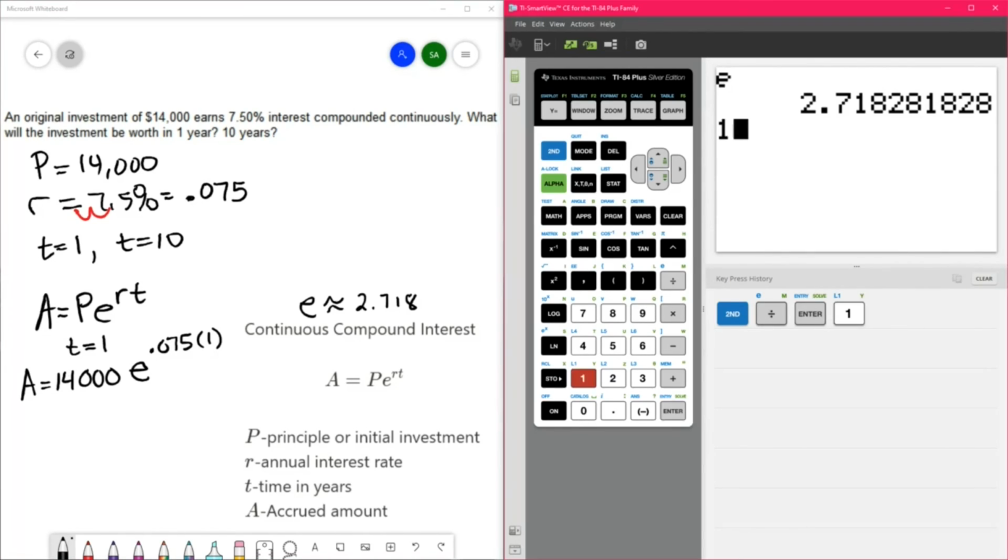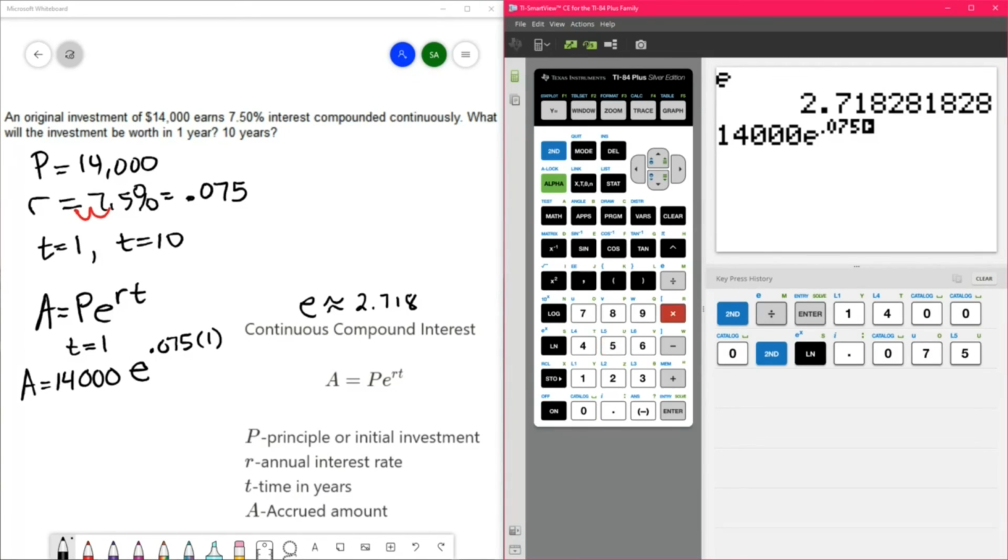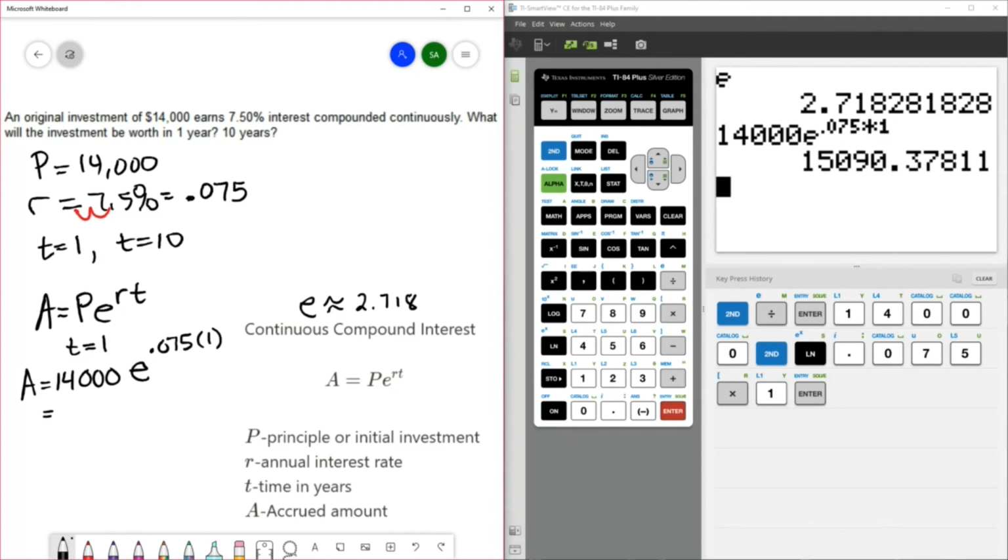We have 14,000 times e to the 0.075 times 1. And after 1 year, the $14,000 would grow to $15,090.38. I rounded to the nearest cent because we're dealing with money.